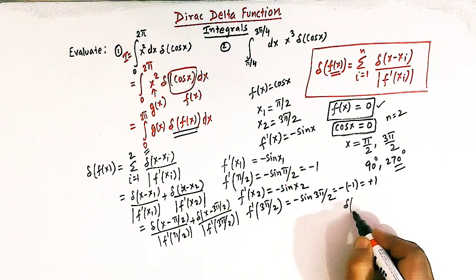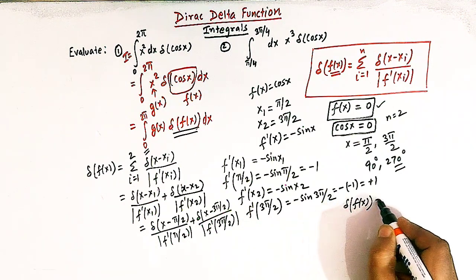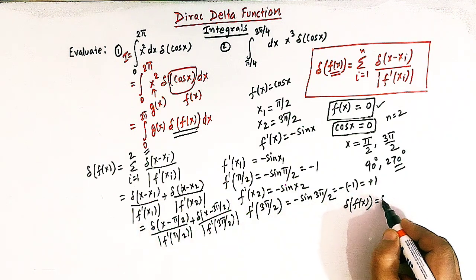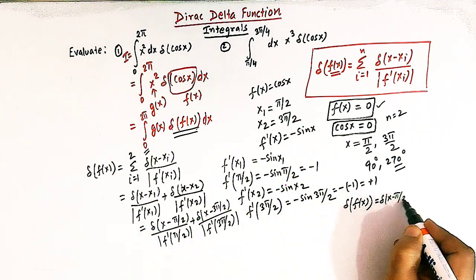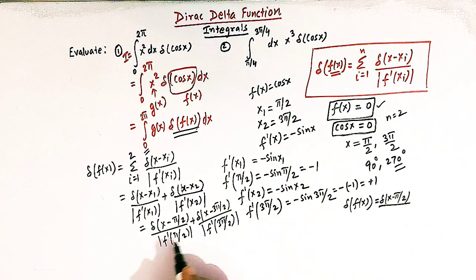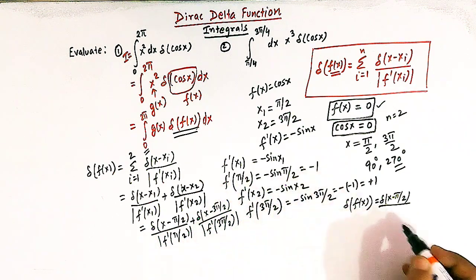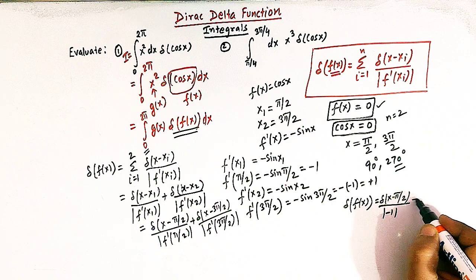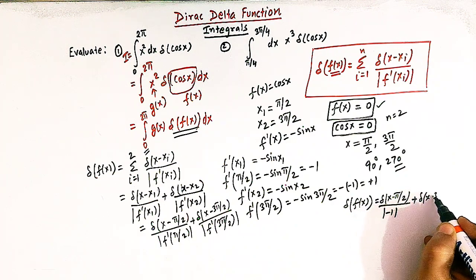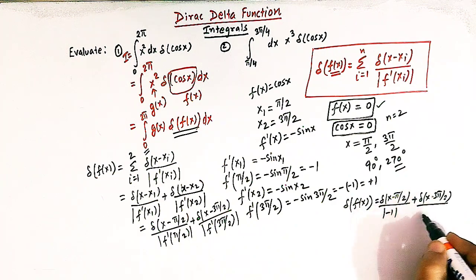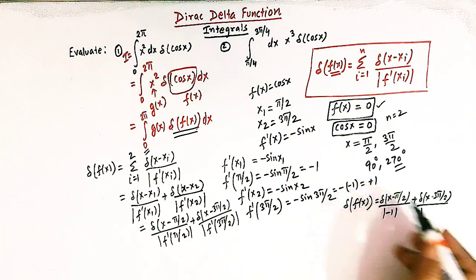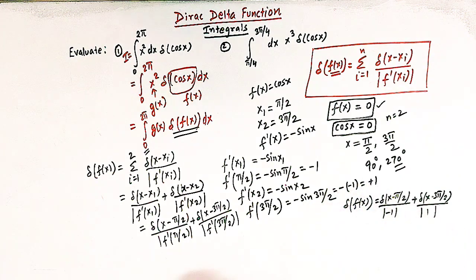So now delta of f of x is equal to delta of x minus pi by 2, and here mod of f prime of pi by 2 is mod of minus 1. Then we have delta of x minus 3 pi by 2, and mod of 1.